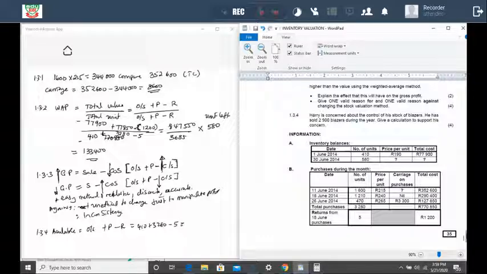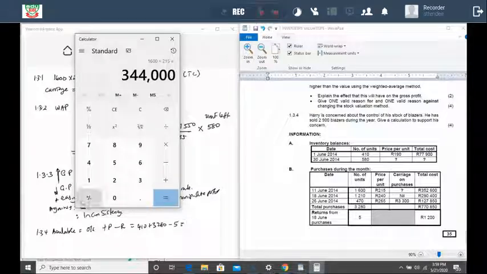Now compare what is available. This is this minus that. There's my calculator. Let's do it together. 410 plus a purchase of 3280 minus our return. So he got this.